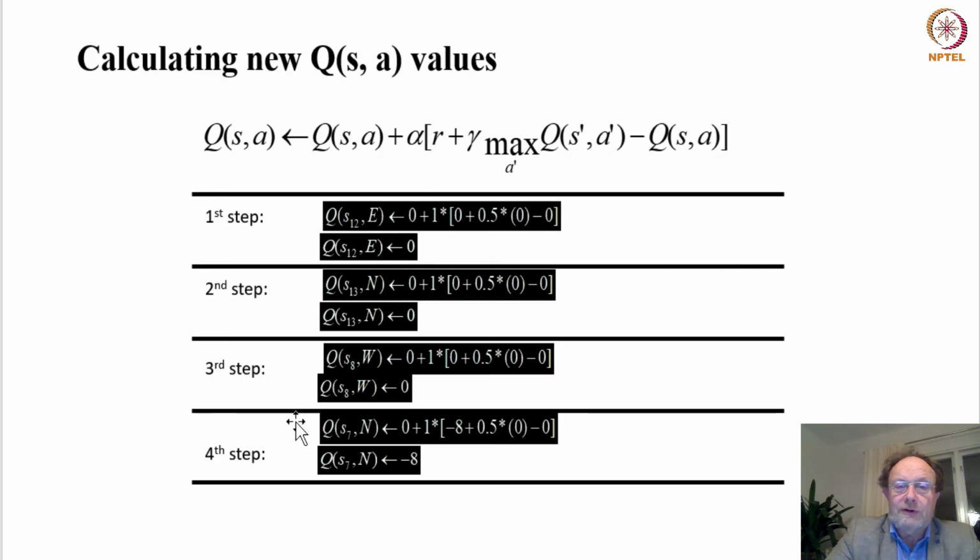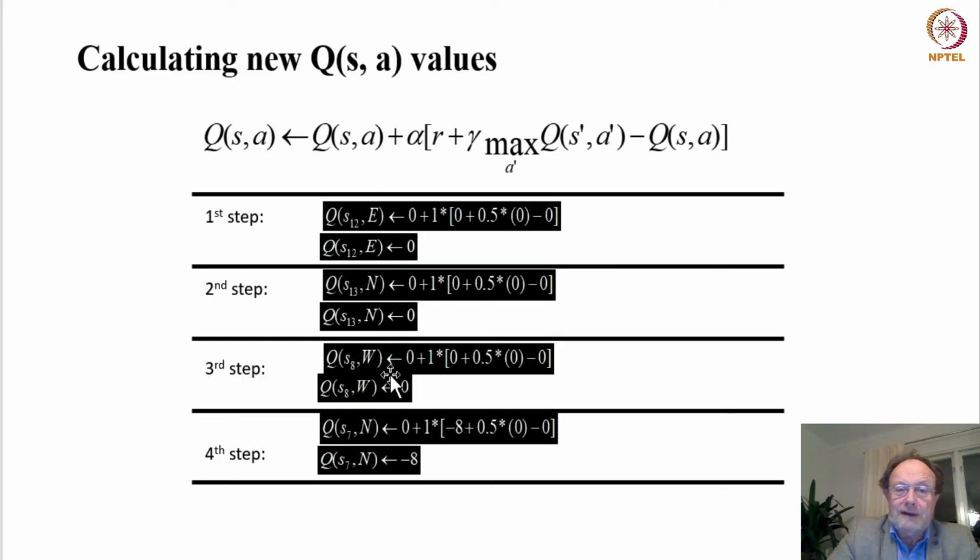Then we go through the algorithm, and we update the Q values in those table entries which are concerned by this particular episode. You can see step by step how the calculation is done with the parameter values we had set and the actual Q values.